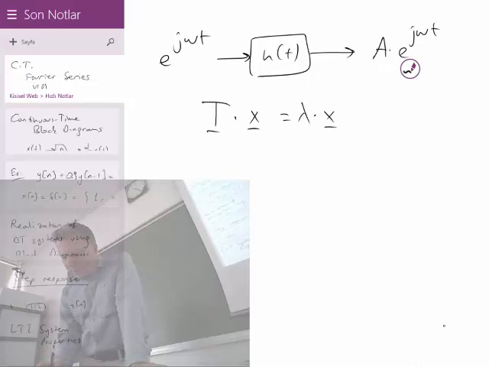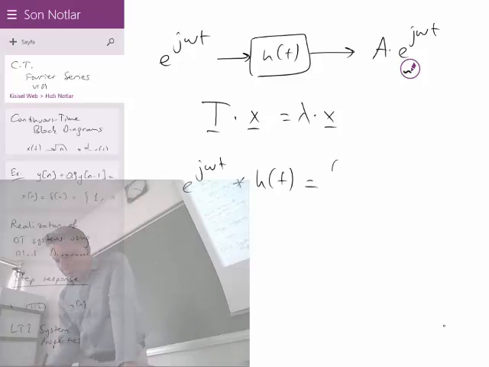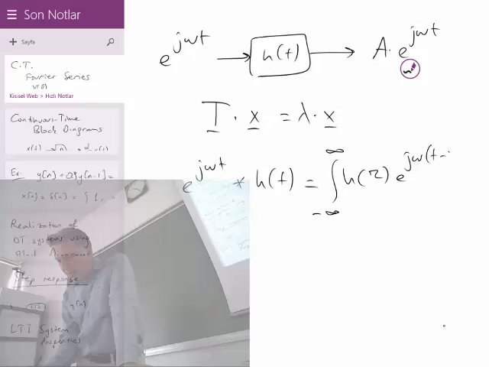Let's try to convolve e to the j omega t with h of t. Let's make this convolution. I don't remember which one I should put first. Let me put h of tau and x of t minus tau, which is e to the j omega times t minus tau, d tau.